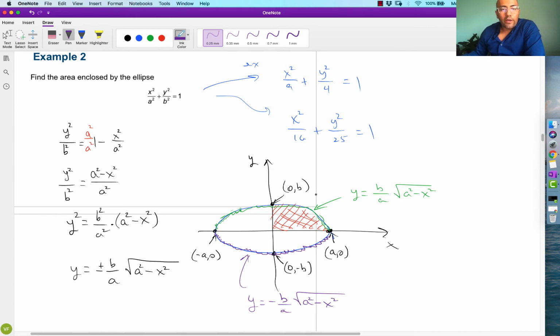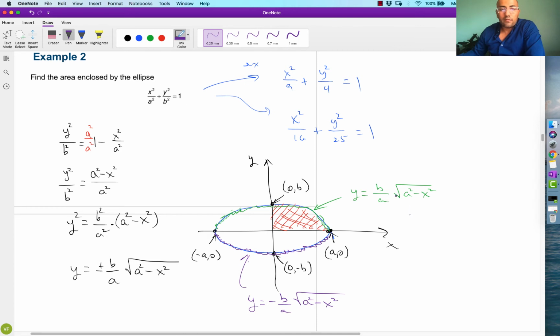Good. Okay, so what we want to do to find the area is just integrate the variable starting at 0, ending at a, of this function, and that'll give us this area in red.